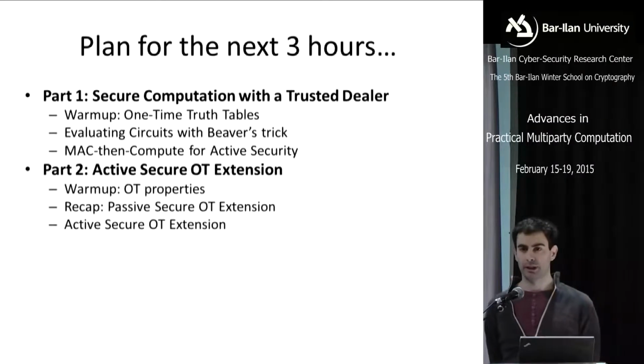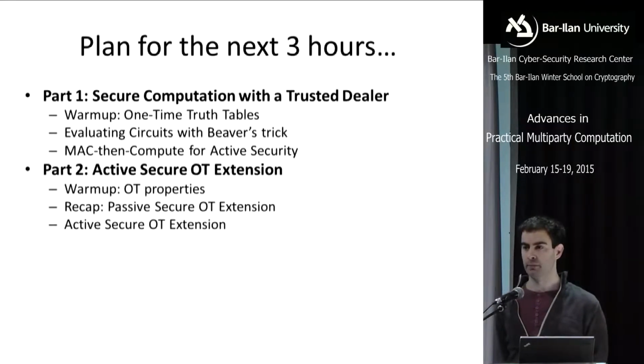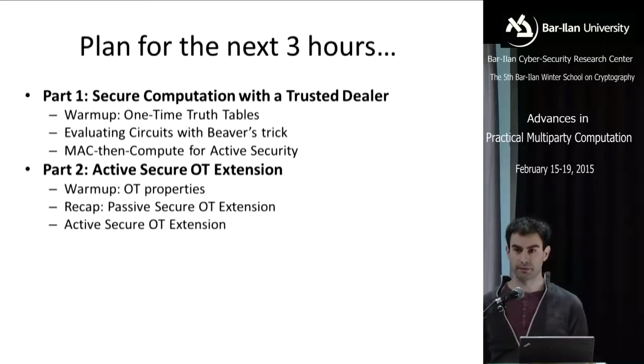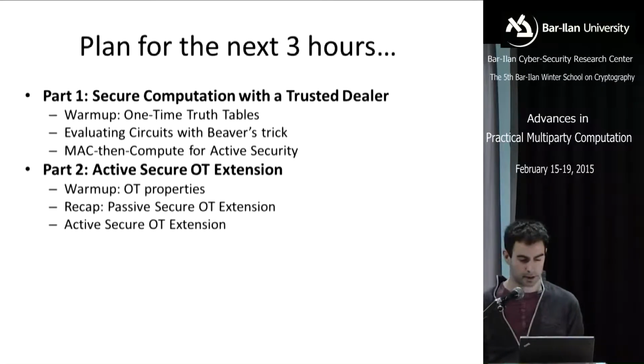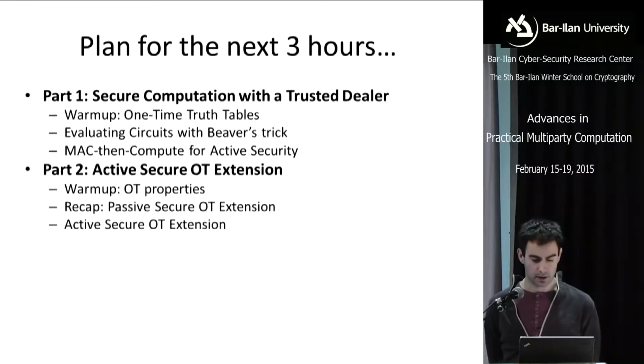In the second part, I'm going to tell you about how to extend oblivious transfer against malicious adversaries. This is also quite cool, and this is also something that's in this paper.